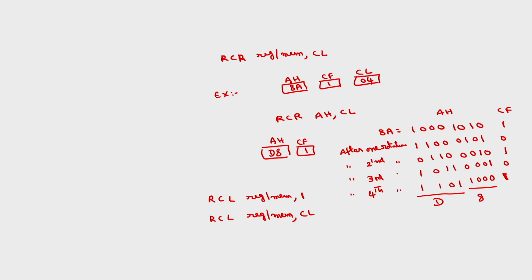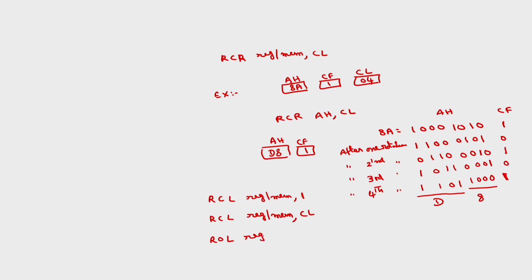So there are about 4 rotate instructions through carry. 2 instructions will be for single bit rotation and the other 2 instructions will be for multiple bit rotations, but all the 4 instructions will be through carry. And if you want to perform this rotate operation without carry, there are 4 more instructions which will be ROL. They correspond to RCL, there is an instruction called ROL.